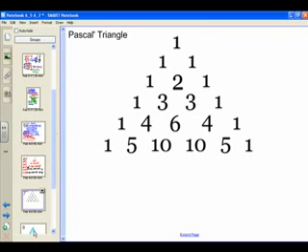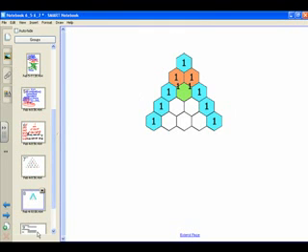Remember, 1, a plus b, a squared plus 2ab plus b squared, a cubed plus 3a squared b plus 3ab squared plus b cubed, and so on. But how do I get that? I'll come back to this one, but I have a little animation for you.